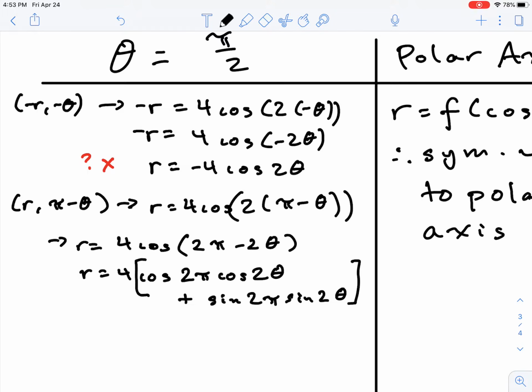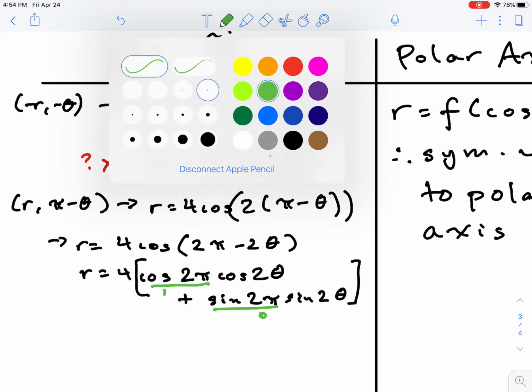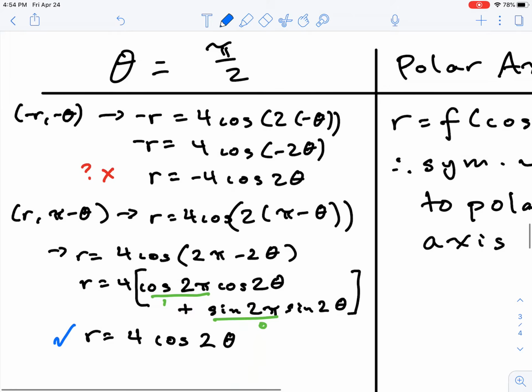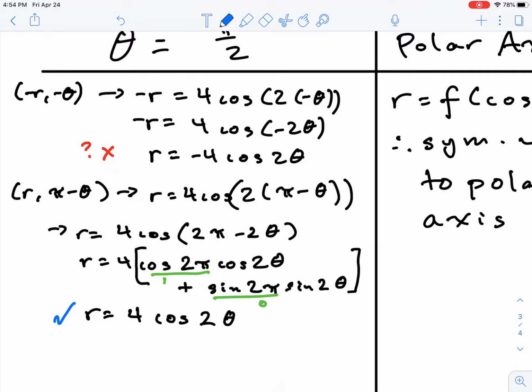Quickly evaluating this, we know that the cosine of 2 pi is equal to 1, and the sine of 2 pi is equal to 0. So what that really does is allow us to rewrite this as r equals 4 times the cosine of whatever was left over, in this case 2 theta. Well, here we have it. We see that it's the exact same equation as our original equation.